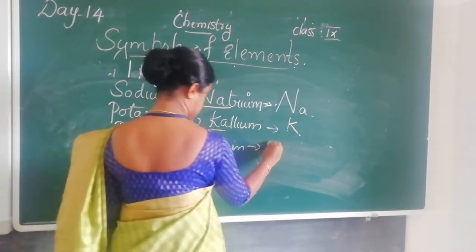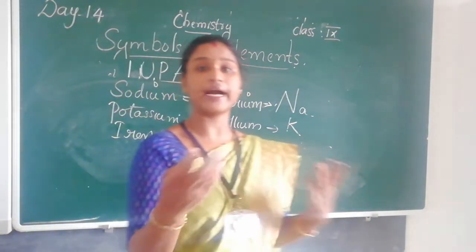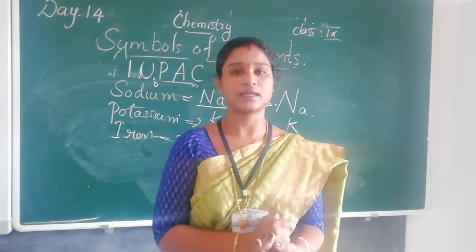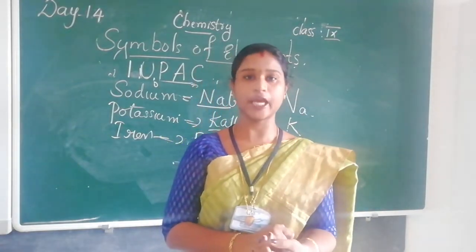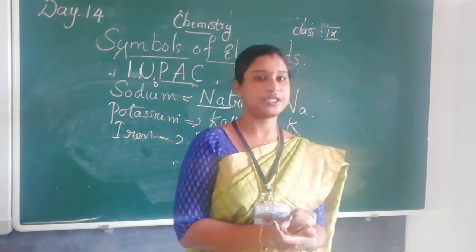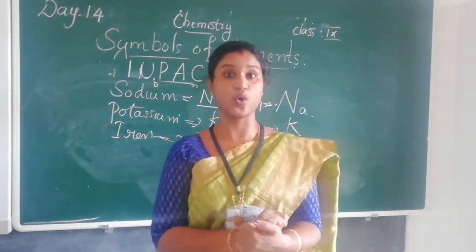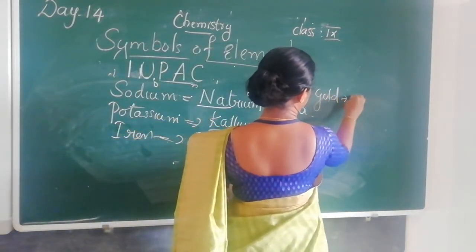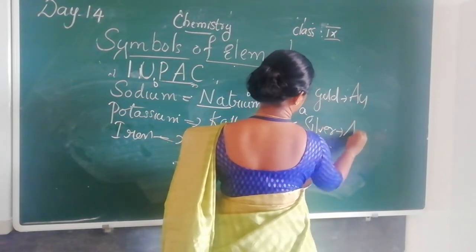From there Fe. Some other elements: mercury, Hg. Silver, argentum, Ag. Gold, aurum, Au. Gold's symbol is Au. Silver's symbol is Ag.